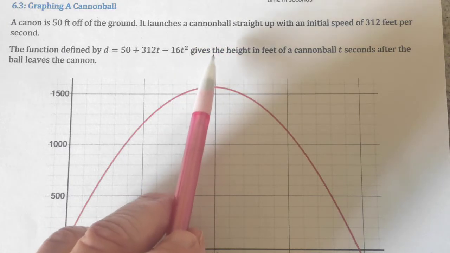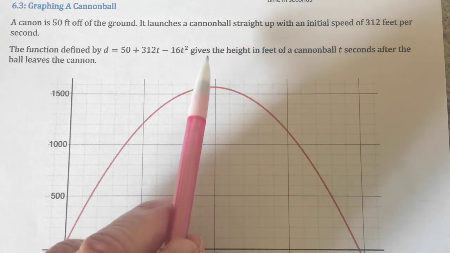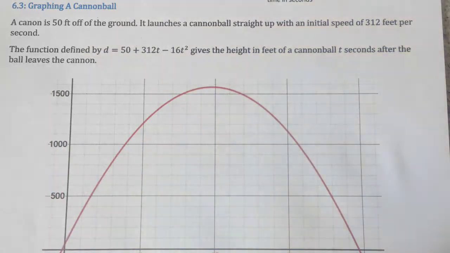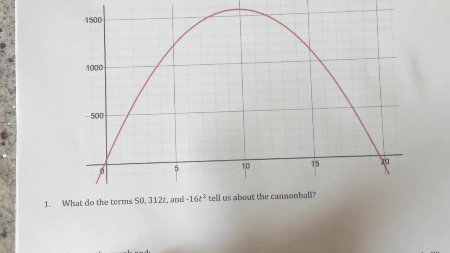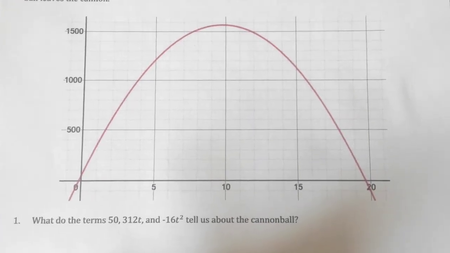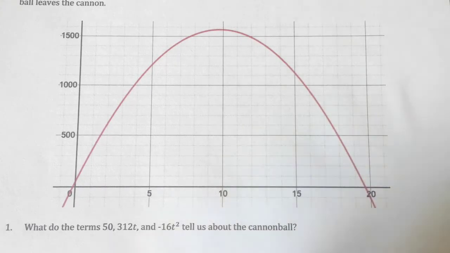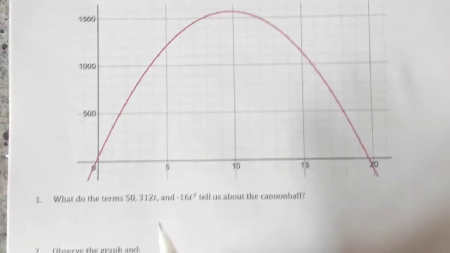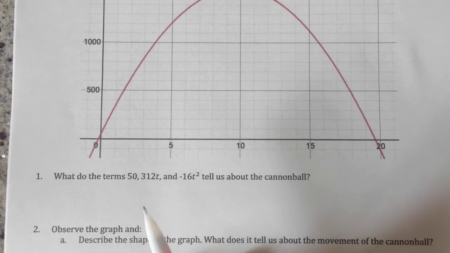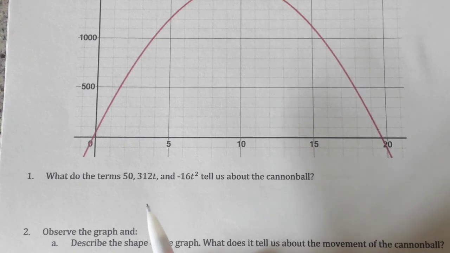This gives us the height in feet of a cannonball t seconds after the ball leaves the cannon. Right underneath there we've got this great graph. I want you to take a moment and notice some things about the graph and see if you can answer the question that asks, what do the terms 50, 312t, and negative 16t squared tell us about the cannonball?